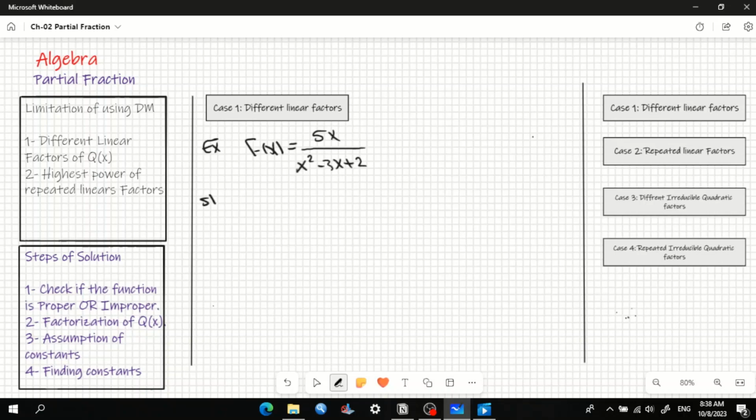Step one, check if f of x is proper or improper. Here we have degree one in the numerator and degree two in the denominator. So our function here is proper. Let's move to step 2.